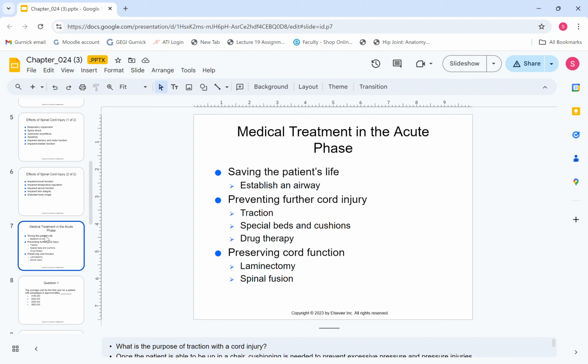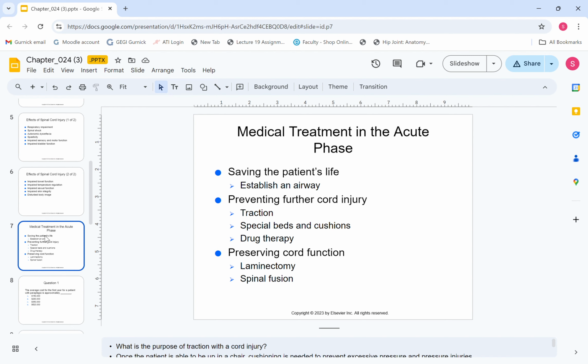One that your book mentions, and there's a picture of that particular bed, is the roto bed. This is a bed that has little braces or sections that hold the legs and help keep the torso from sliding.